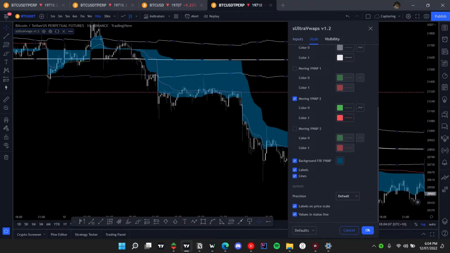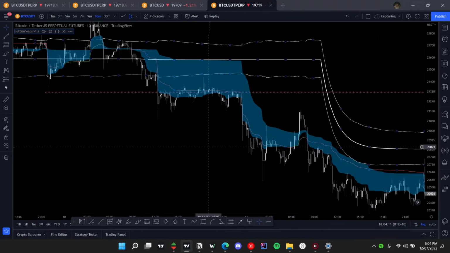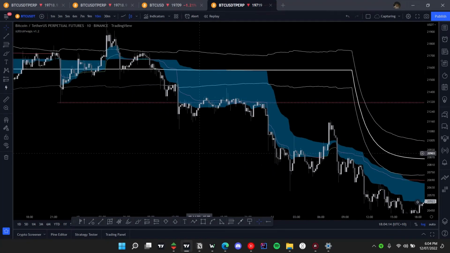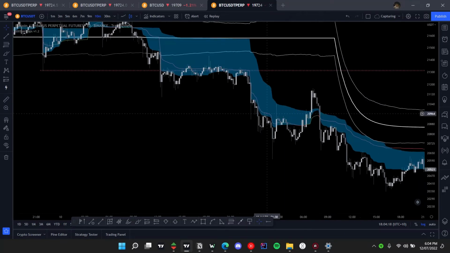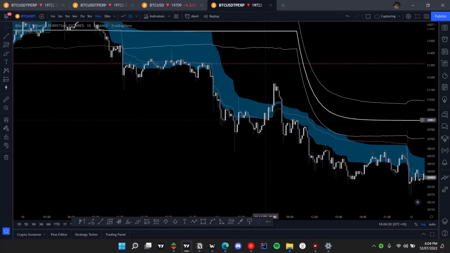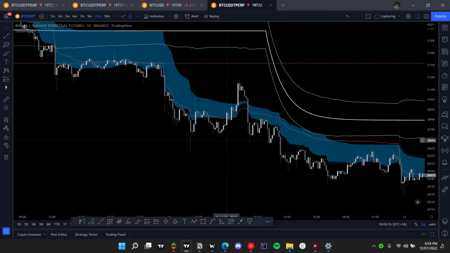I'm going to use the midpoint, which uses the 50 moving VWAP, in order to make my judgment. So every time the price touches here, I'm going to short it. I'm going to short here, I'm going to short here. Right here I would get stopped out if I short here. If I didn't realize profit, I would get stopped out. That's great, that's how it works.